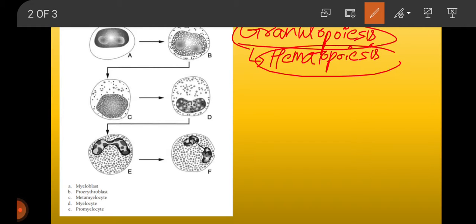Granulopoiesis is a part of hematopoiesis, and that is the production and formation of granulocytes. What are granulocytes? Granulocytes are neutrophils, eosinophils, and basophils. Now, judging from the last stage, we can see that the nucleus is bilobed, so it is safe to say that it's an eosinophil. So basically what we are dealing with here is eosinophilic development.